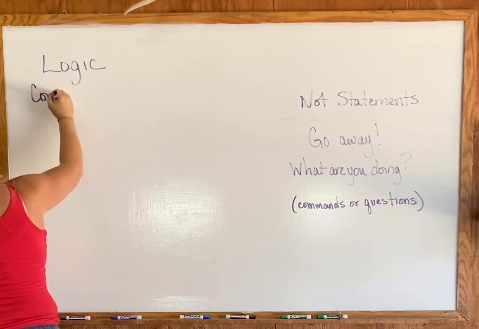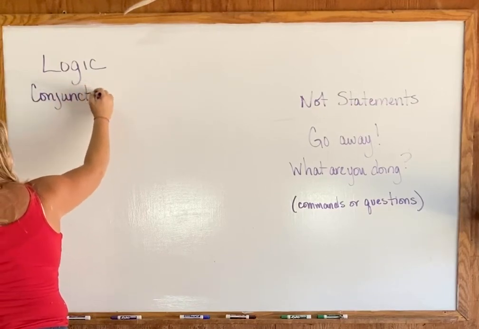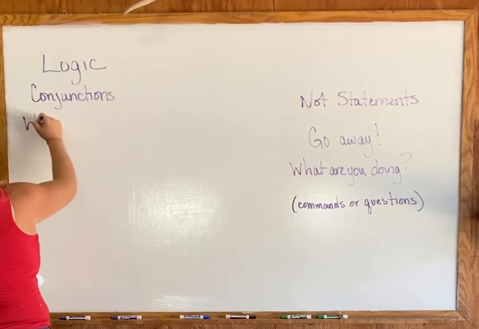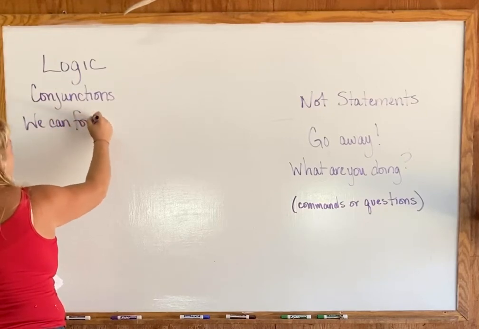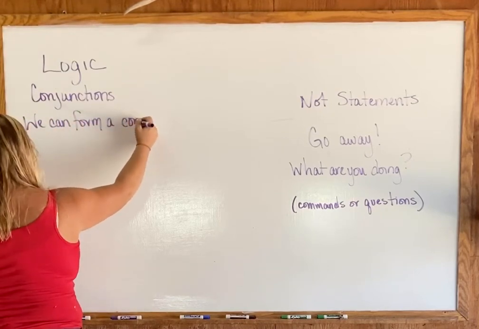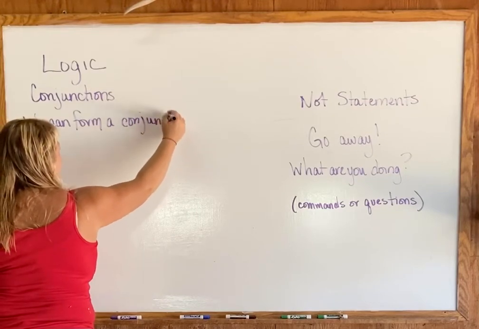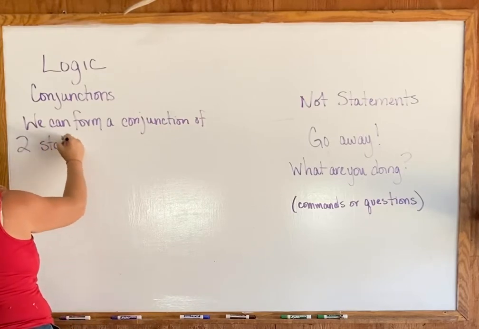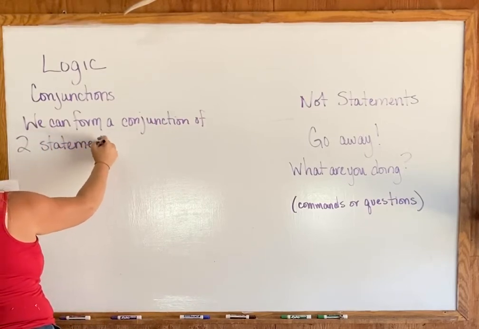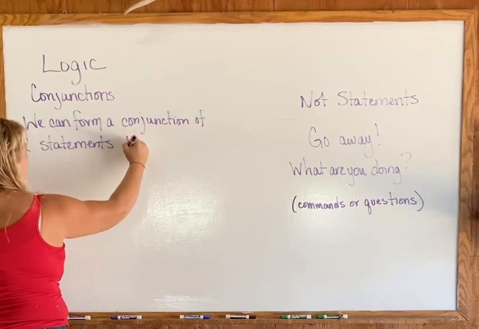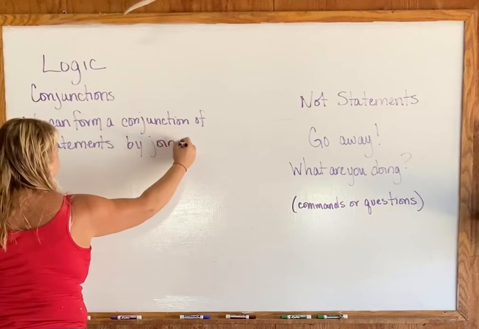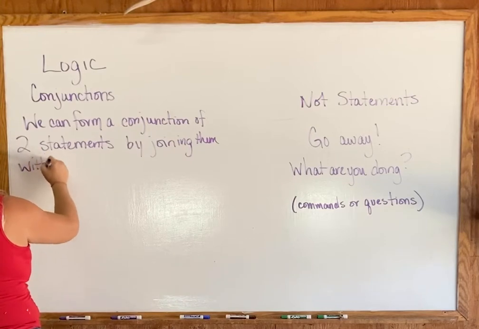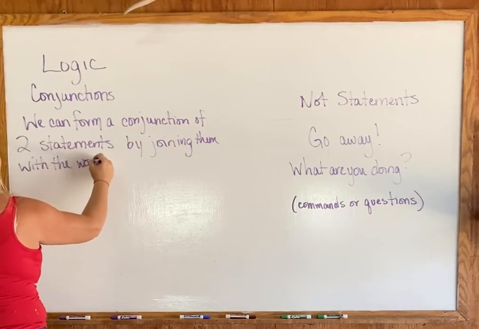So we're going to look at conjunctions first off, okay? So a conjunction. So this says we can form a conjunction of two statements joining them with the word and.